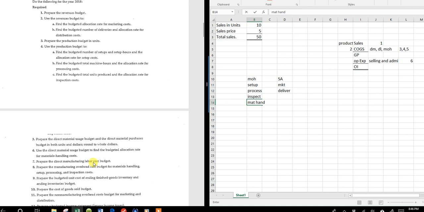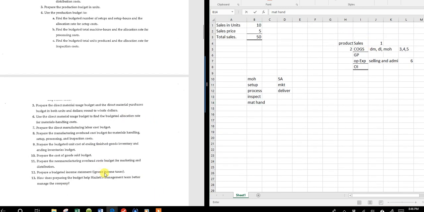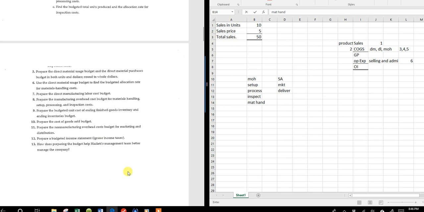And then we're going to have the direct labor cost budget. So they're just throwing in these overhead computations as we go along. Remember, we have estimated overhead divided by the estimated base, and when the base has something to do with a different budget, we're doing that one.